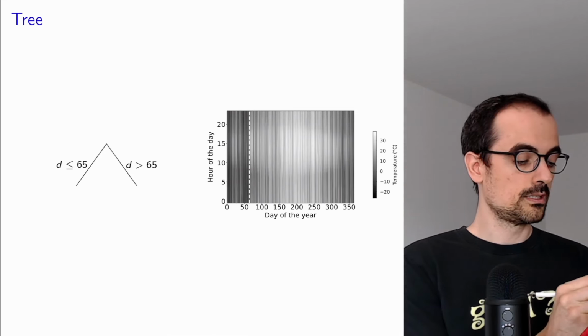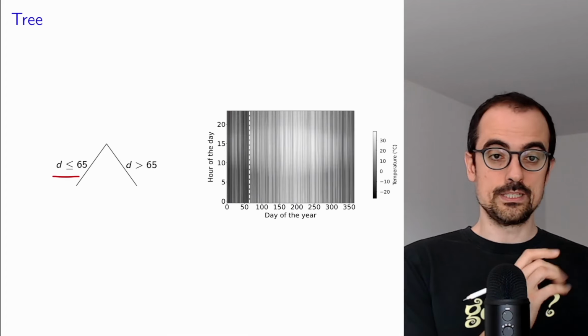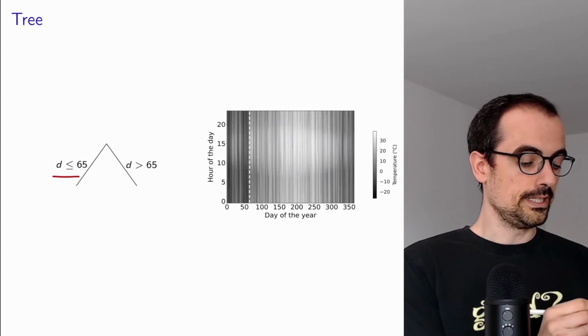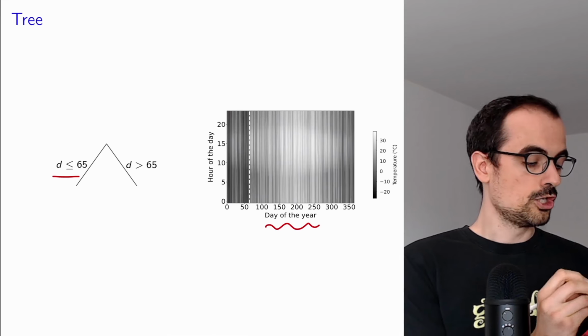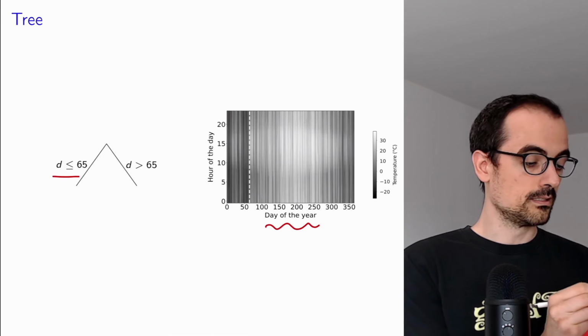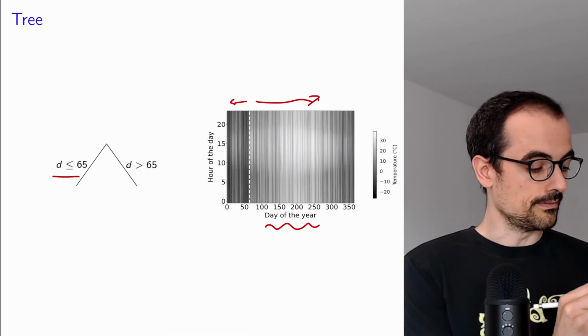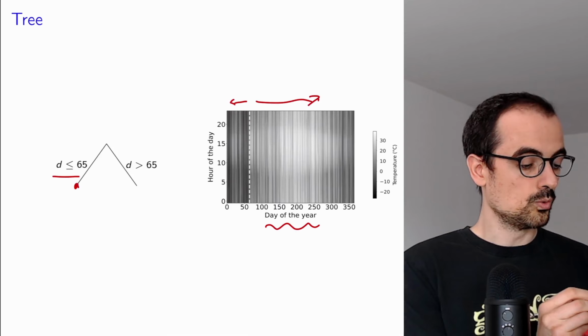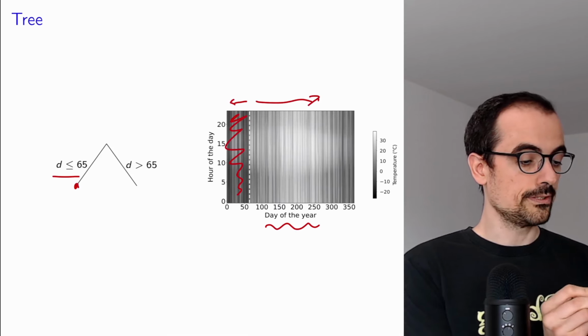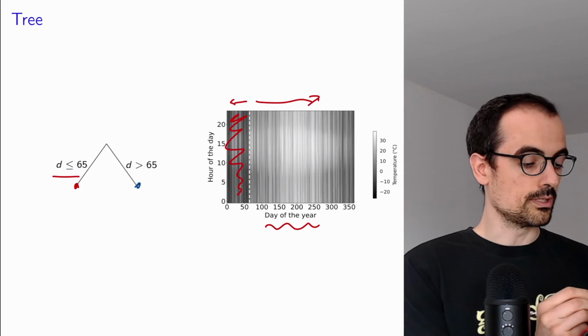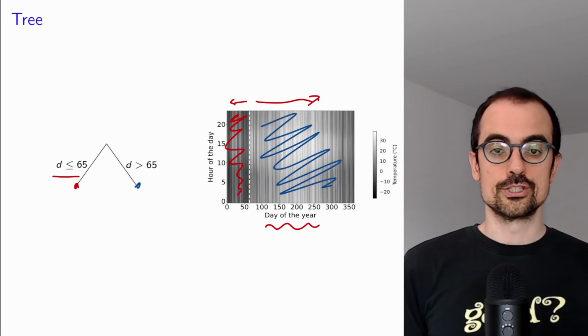Here, these two branches correspond to D, which is the day of the year, smaller than 65 and larger than 65. So here this node would correspond to this region, and this node would correspond to this region.